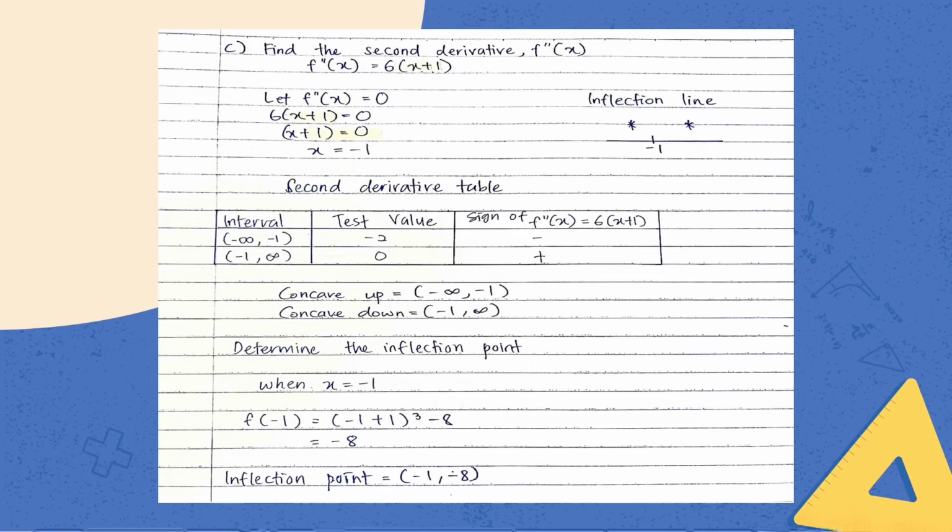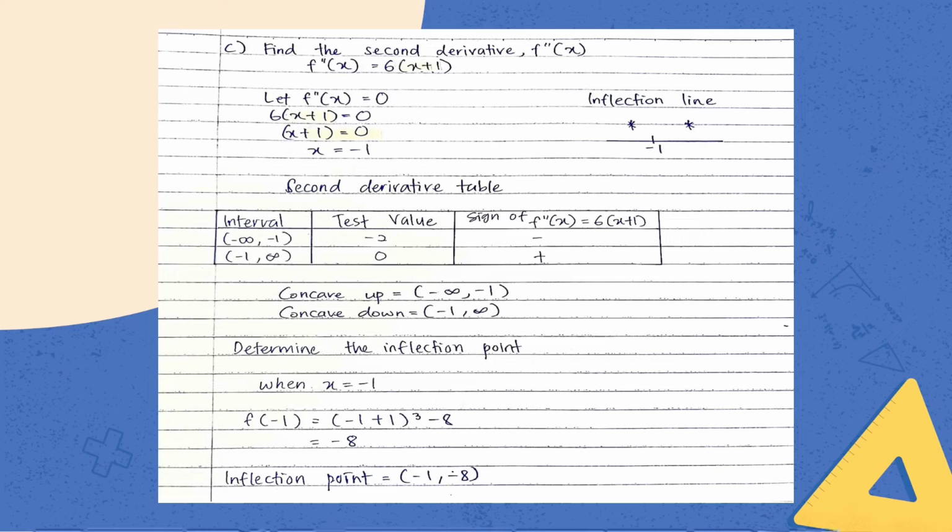The test value for this interval is 0. So the sign that we will get from negative infinity to negative 1 is negative. The sign that we will get from negative 1 to infinity is positive. So the interval that is concave down is negative infinity to negative 1. The concave up is the interval negative 1 to infinity.